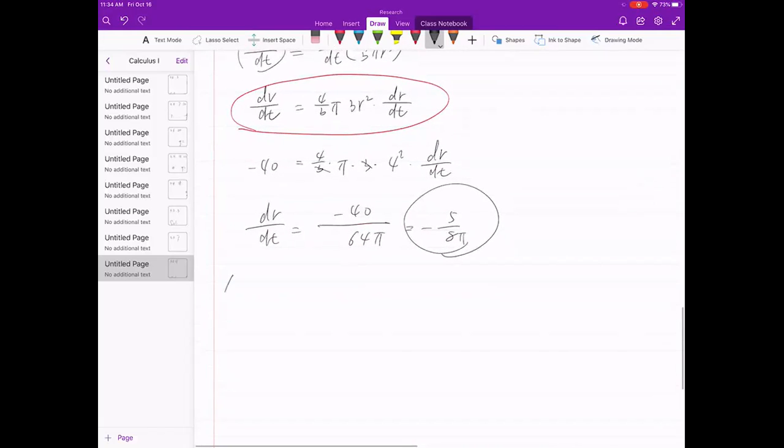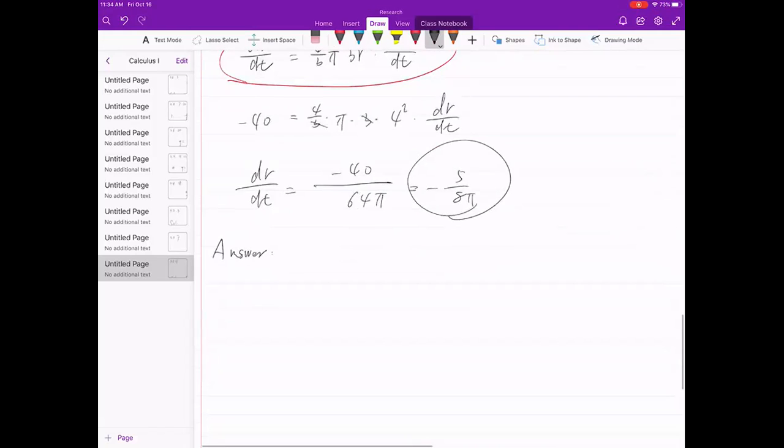Finally, answering in words. The radius is shrinking at, not this one.